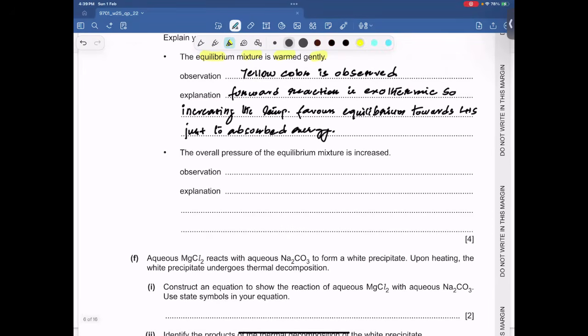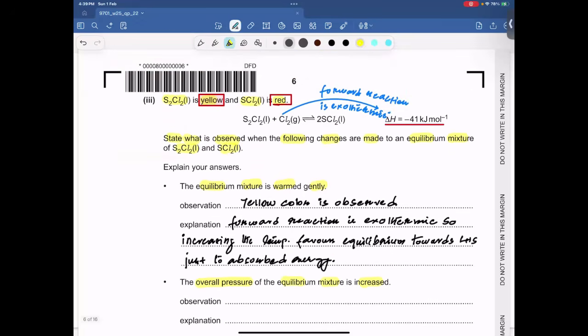The overall pressure of the equilibrium mixture is increased. Well, for pressure, the reactants and products have to be in gaseous state, right? So in this scenario, we have 1 mole on the reactant side and we have 0 moles on the product side.